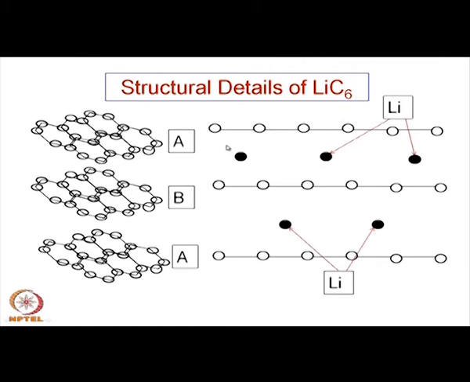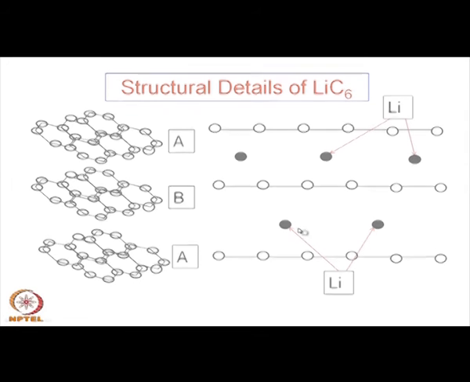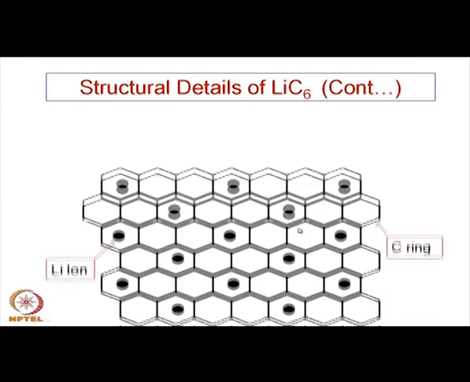So, even in the vertical direction, alternate sites are occupied. So, these are the lithium ions. Otherwise, if you want to push more lithium into the system, the structure will break down. So, it cannot stand.